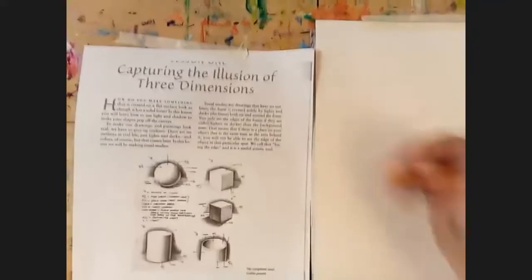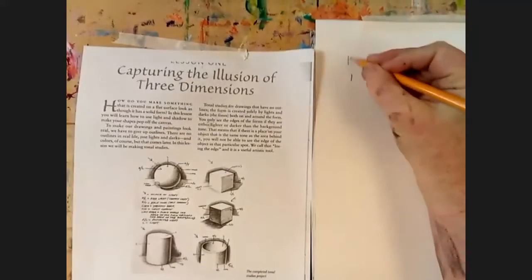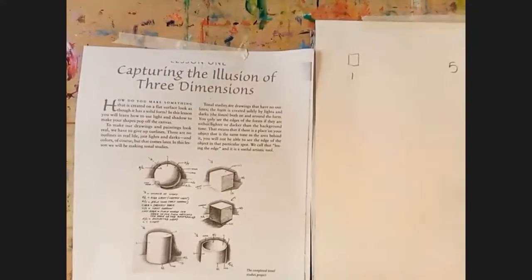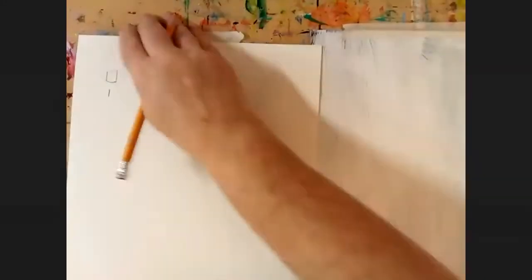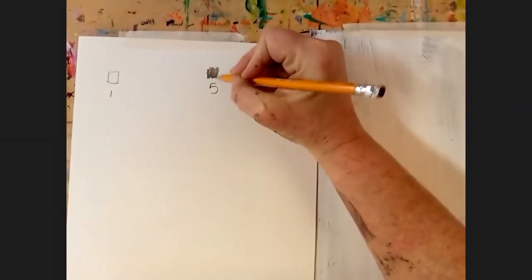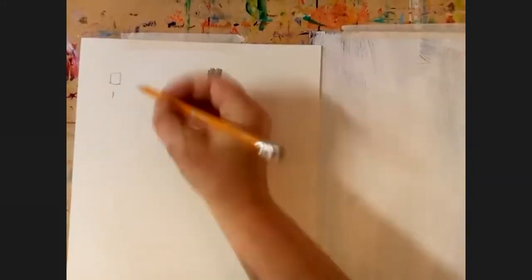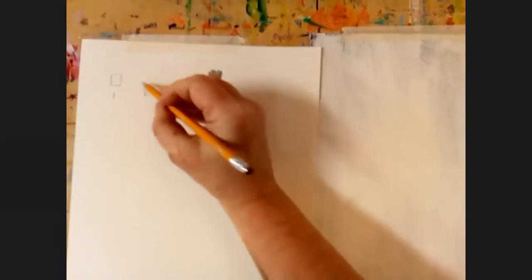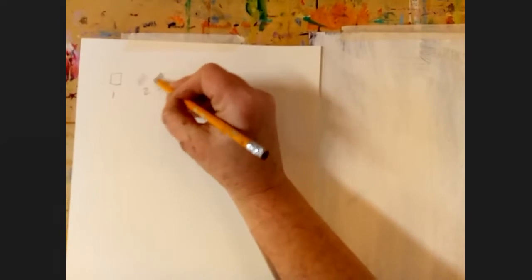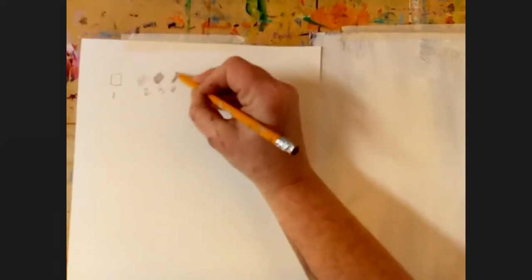So the simple way to look at that is that 1 is light and 5 is dark. I know I'm doing this with a pencil, but we'll end up doing it with a brush. 2, 3, and 4 are shades of gray that get varyingly darker, right? This is value. So it's the lightness or darkness of any color.